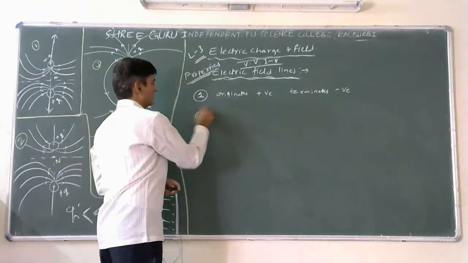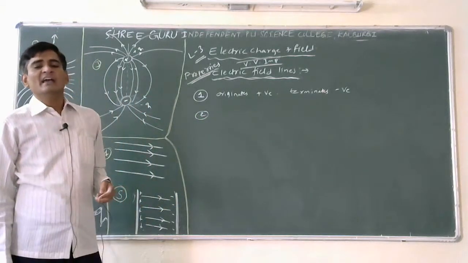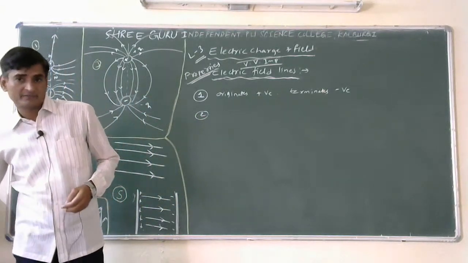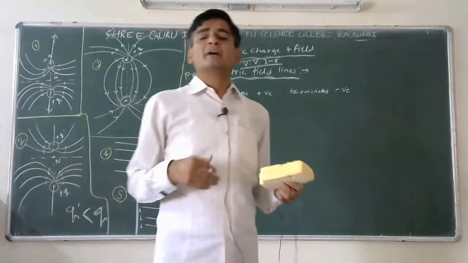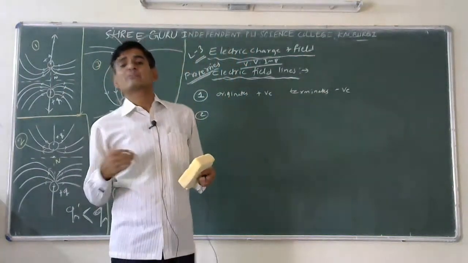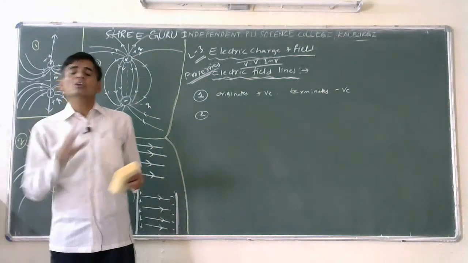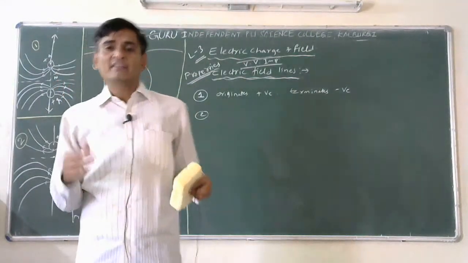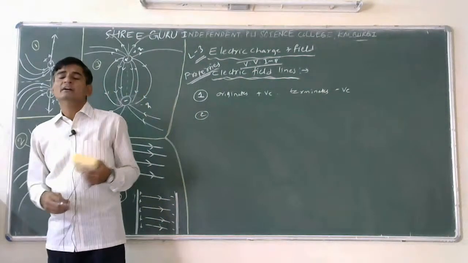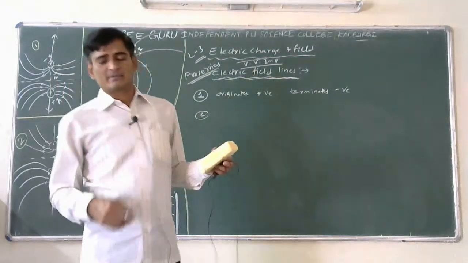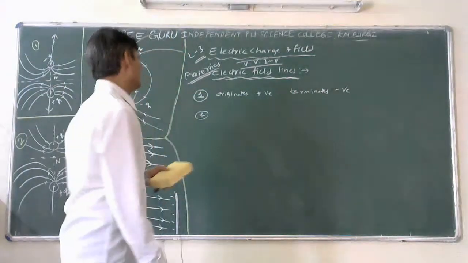Second one, electric field lines are imaginary lines, but they represent electric field intensity which is not imaginary, which is real. Electric field lines are imaginary lines, but they are used to represent a real concept called electric field intensity.